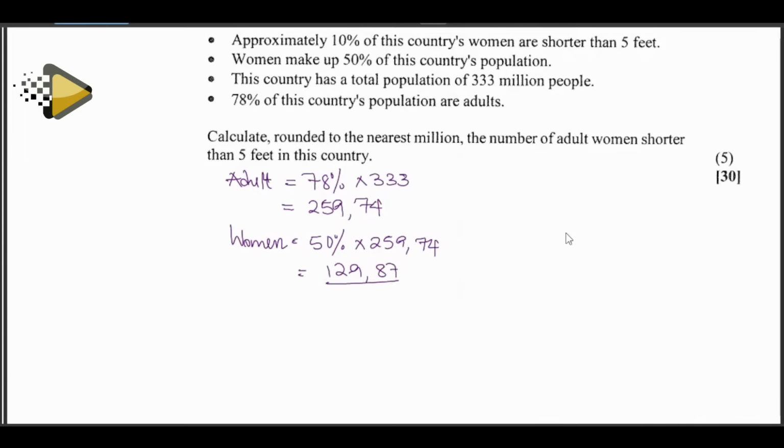Having done this, we look for 10% now. Those whose height is less than 5 feet. So we shall say 10% times 129.87.